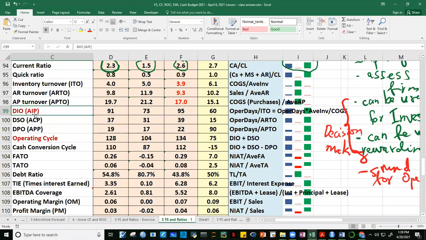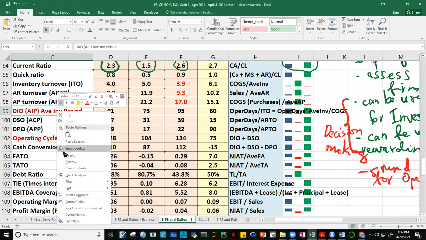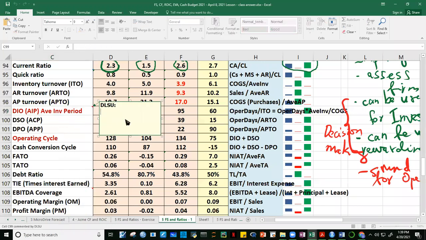Or average inventory period, AIP. Sulat ko lang dito para average inventory period. That's your AIP. Tapos yung DIO, days inventory outstanding. Lagyan natin ng comment. Insert comment. Yan. So this is days inventory outstanding.